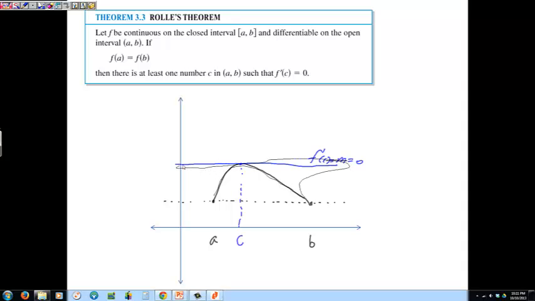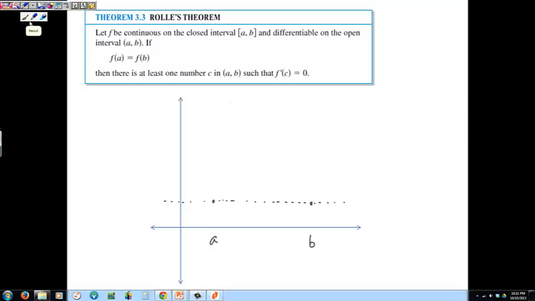Let's erase all of this here. All right, let's say my graph now looks like this.